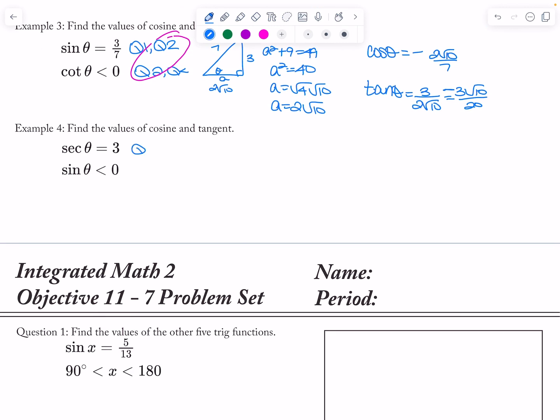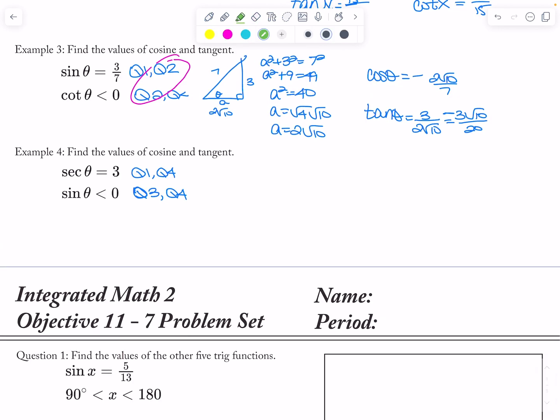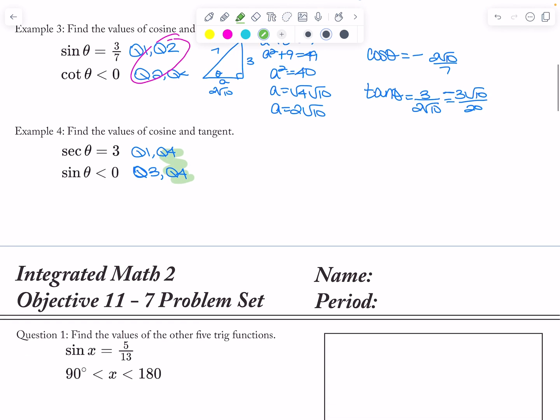All right, so find the values of sine, cosine and tangent. For secant to be positive, I'm either in quadrant 1 or quadrant 4. For sine to be negative, I have to be in quadrant 3 or quadrant 4. So what I recognize is that I'm in quadrant 4. Sketch my little triangle, put theta somewhere. Secant is hypotenuse, which is 3, over the adjacent, which is 1.